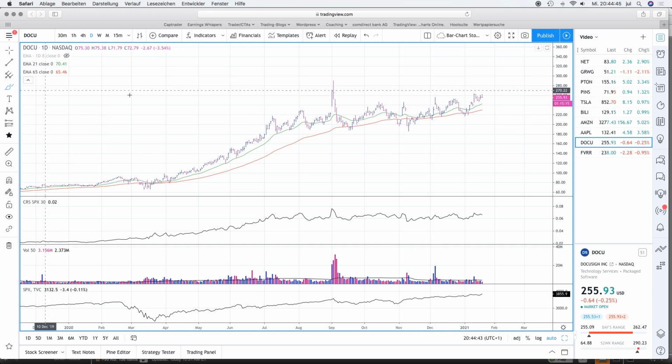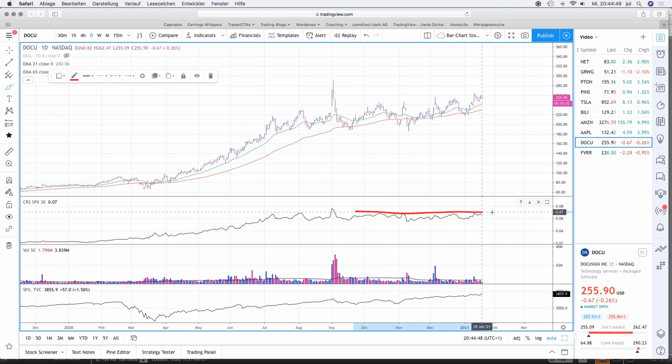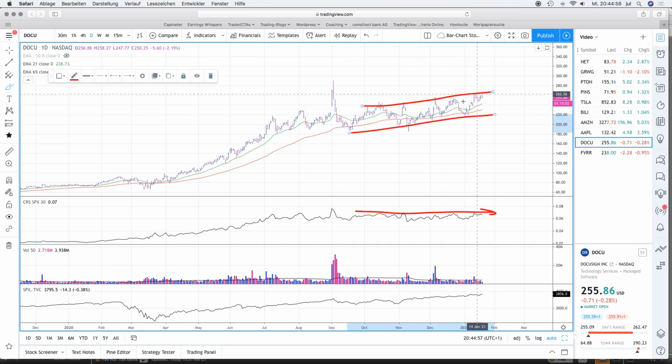DocuSign is another candidate. You can see that here the RS line is going sideways for a long time. The price went a little bit higher, so that means DocuSign is definitely underperforming the market right now. But if the stock breaks out here to the upside, that can change very, very quickly.